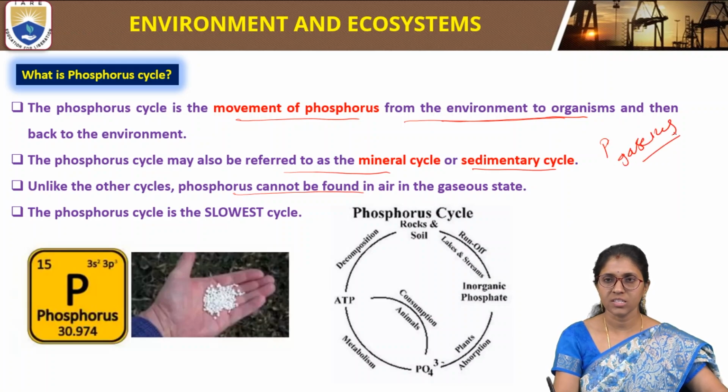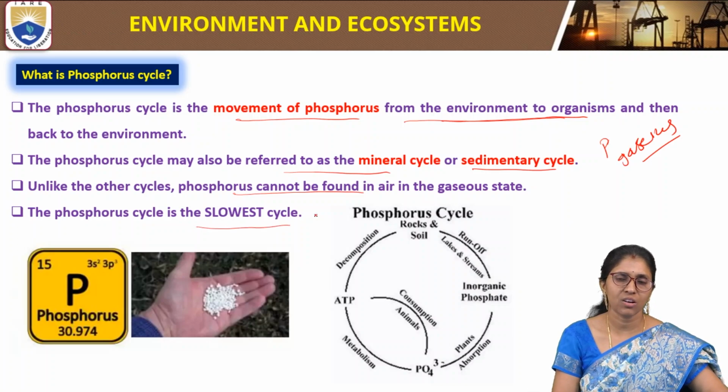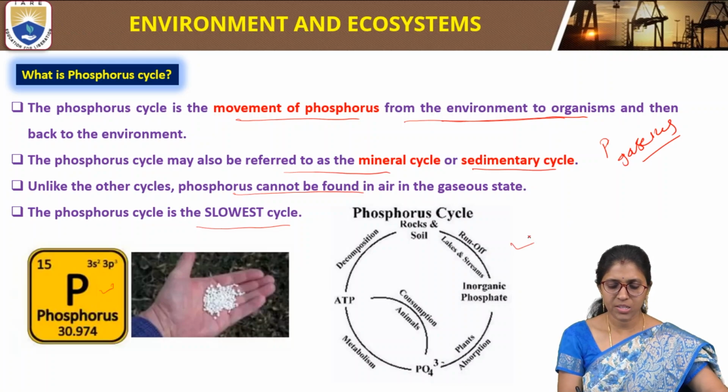The phosphorus cycle is the slowest of all the cycles. The atomic number of phosphorus is 15.